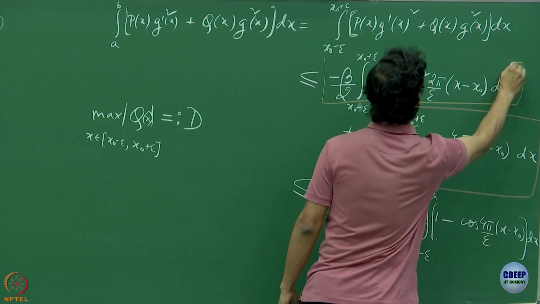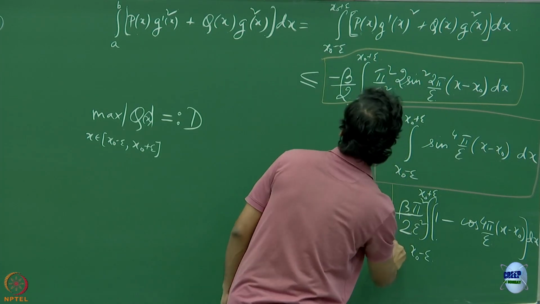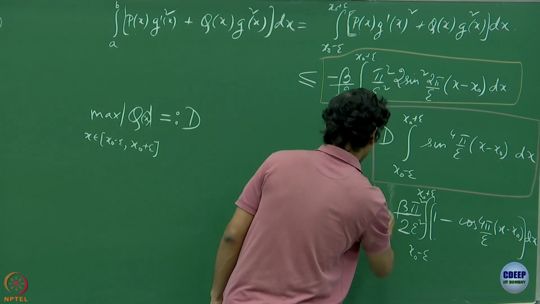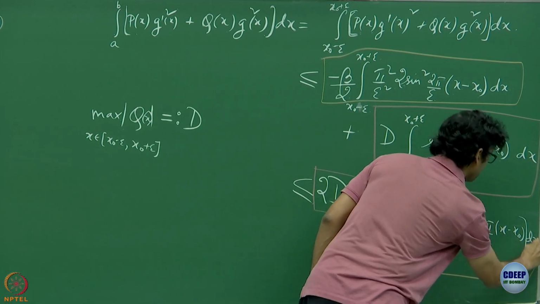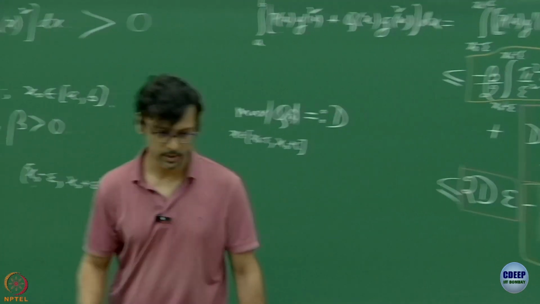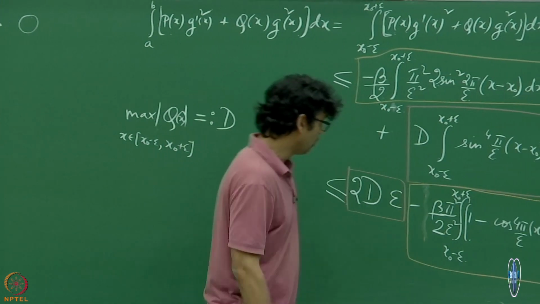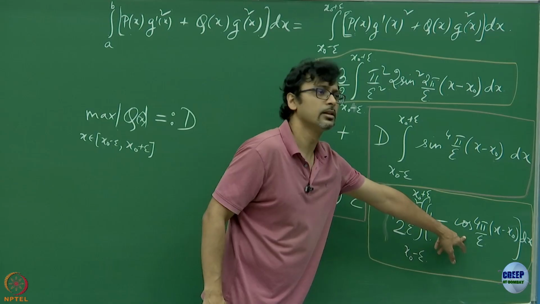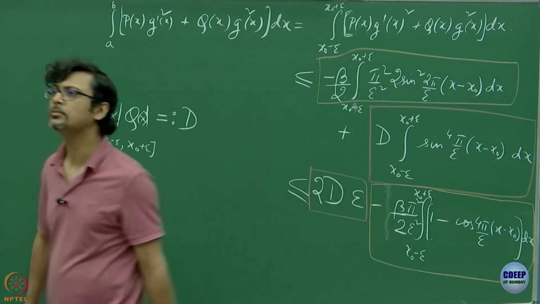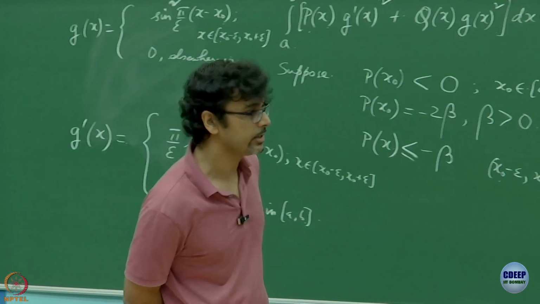I've still maintained equality here. This is not really upper bounding this. I've just used the trigonometric multiple and submultiple angle formula, so to say. What about the integral of this over the interval? Can you say something about it? You can actually directly integrate.